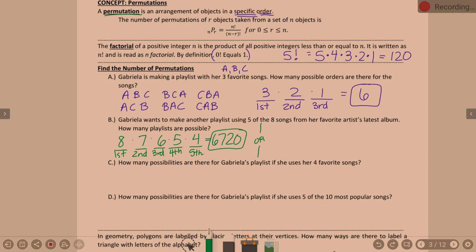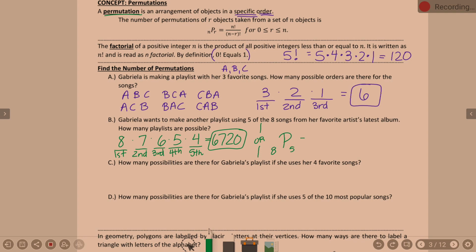How many spots were we trying to fill? 5 spots. So that makes this 8P5. Okay, that's your official permutation notation. Okay, where you can pick from 8 things to fill 5 spots.